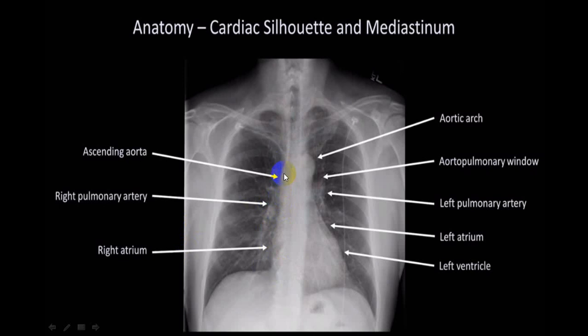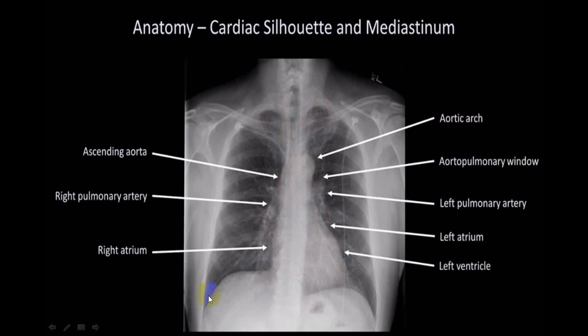Then this is the border of the ascending aorta curvature. Then you get superior vena cava here, and this is the right side of the trachea. We call it the right paratracheal patch. This is the left paratracheal patch, aortic knob or aortic arch. Then you have the aortopulmonary window, left pulmonary artery, left atrium, left ventricle.